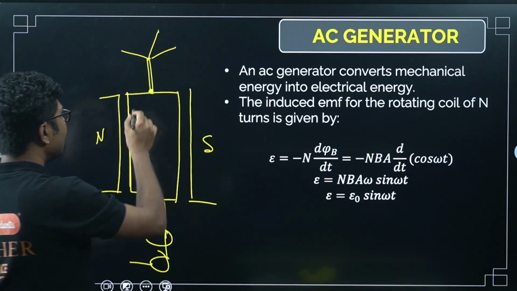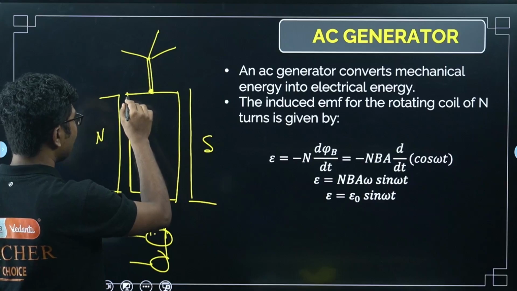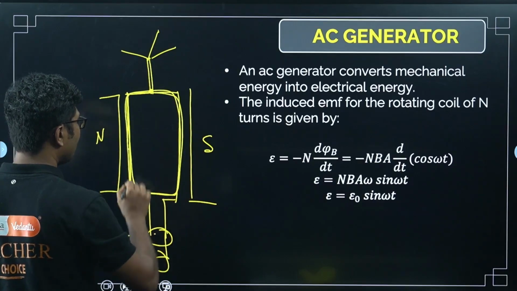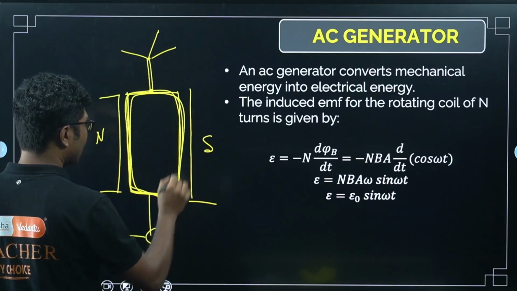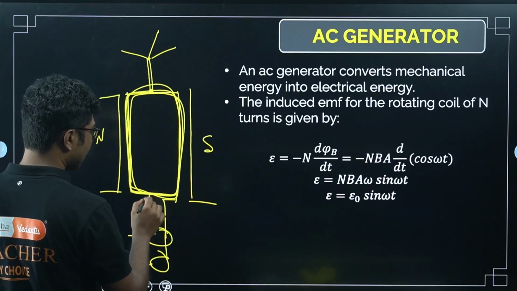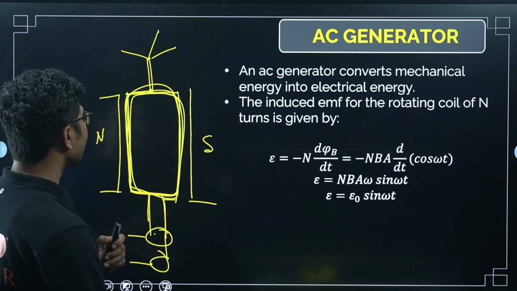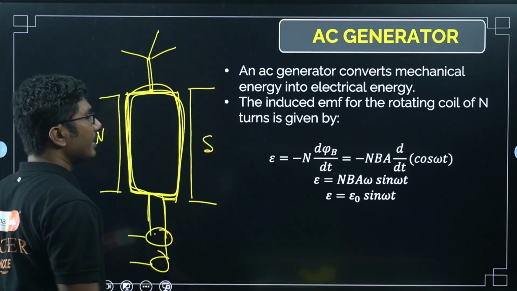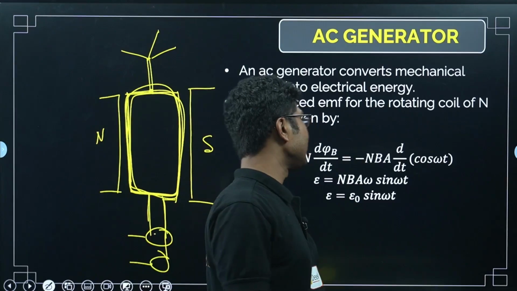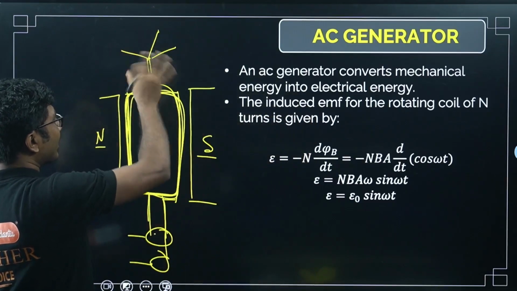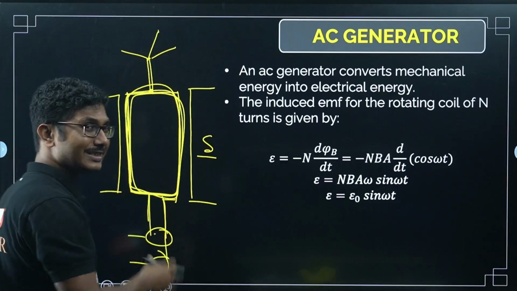Now in this there is not one single coil, there are multiple coils, because one coil will obviously produce very little current. So there are multiple coils here, but at the end there are two links, two ends coming out of this, and these are two very strong fixed magnets. When you rotate, this coil rotates inside this.